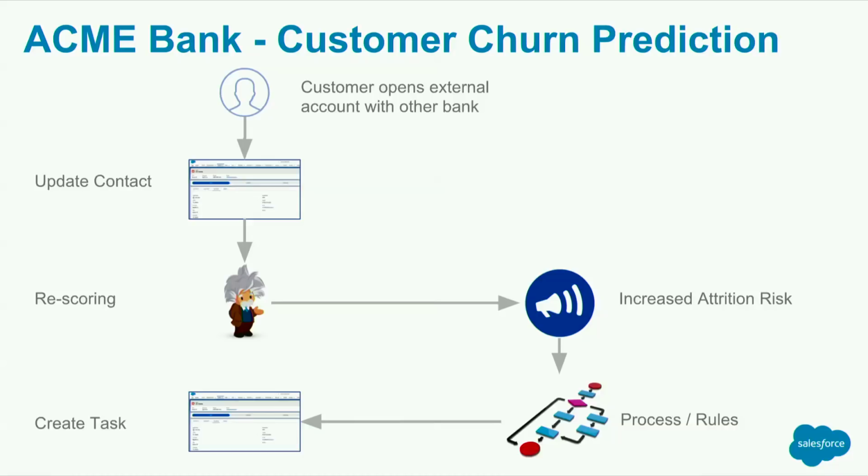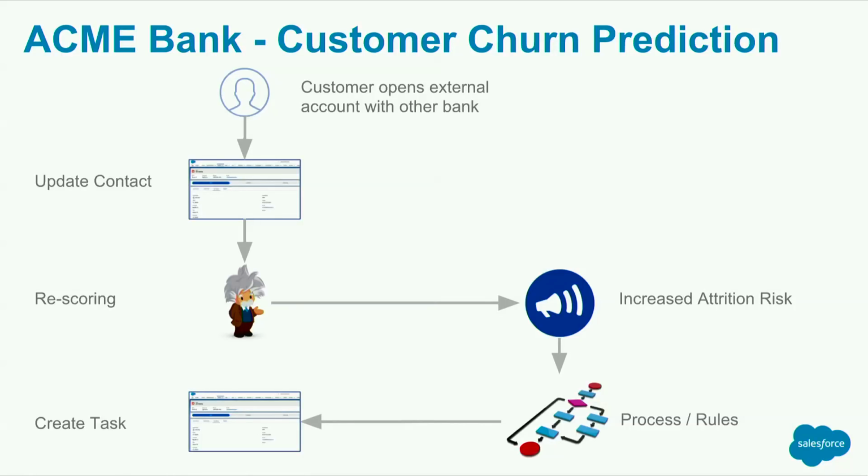And in the example here, we used a customer record. We modified a customer record because, for example, I'm an account manager and I notice certain activity. I update the contact record. Now, the Einstein platform is picking up this change of the contact record and identifies that this contact has changed. I need to recalculate my score.